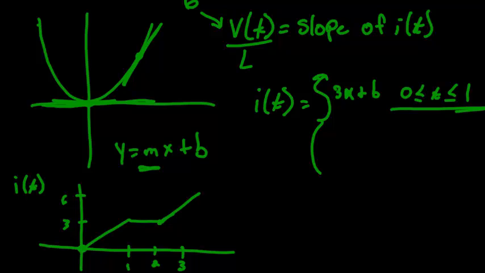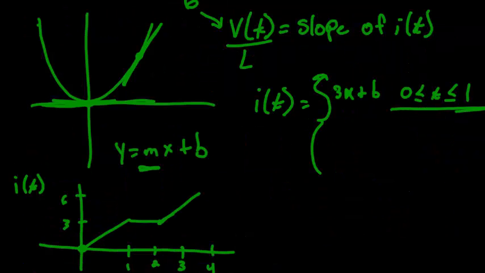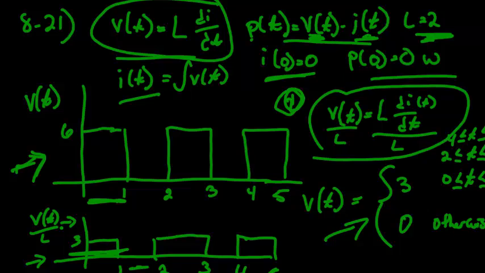So now from 3 to 4, our slope again is 0, so this again is another horizontal line. So from 3 to 4 we have another horizontal line, and from 4 to 5, we have another slope of 3, right?